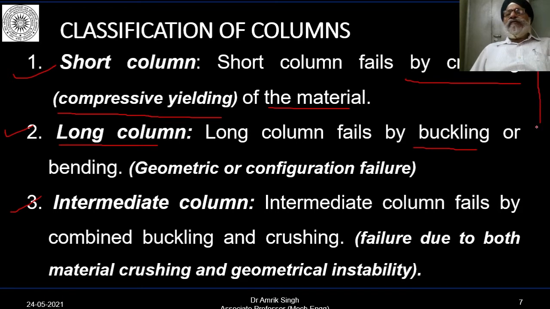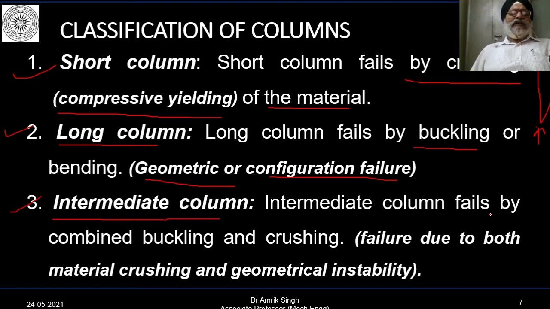When we apply the load on both sides, they may take this shape. So they buckle. This is also known as geometric or configuration failure. And the third category is the intermediate column.